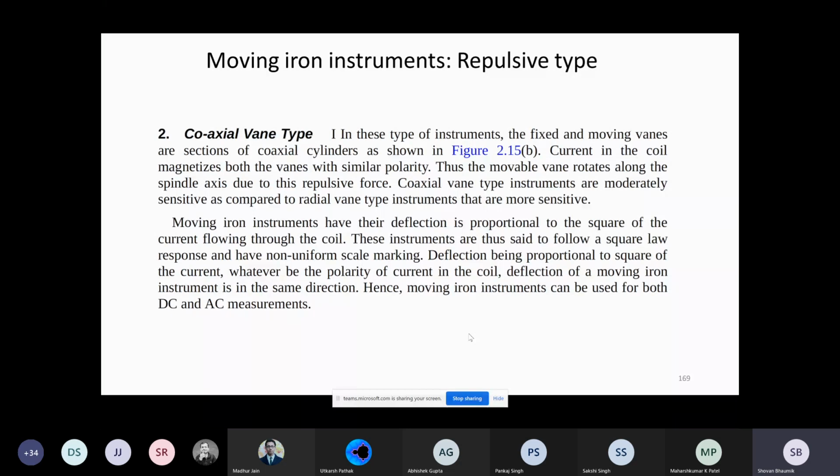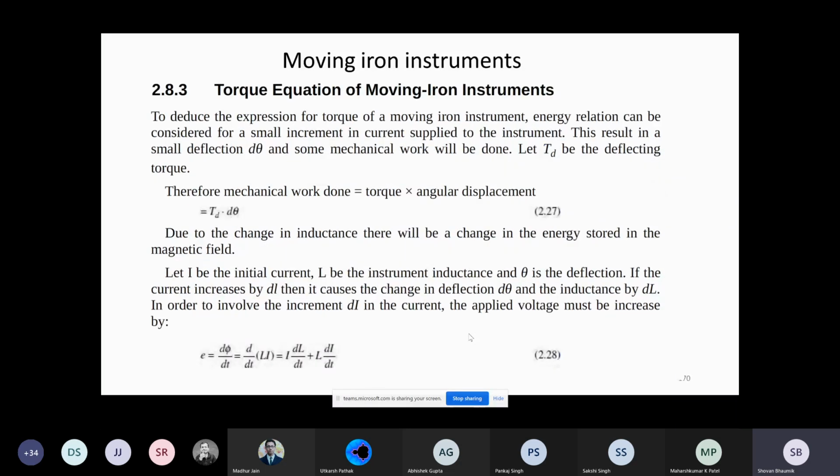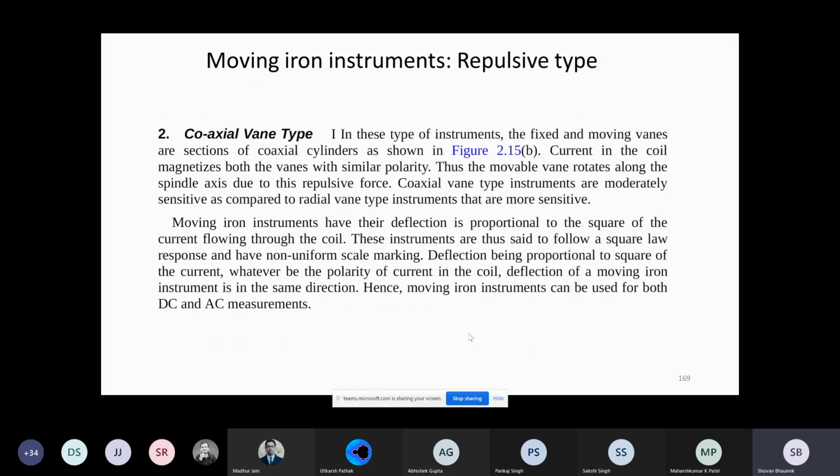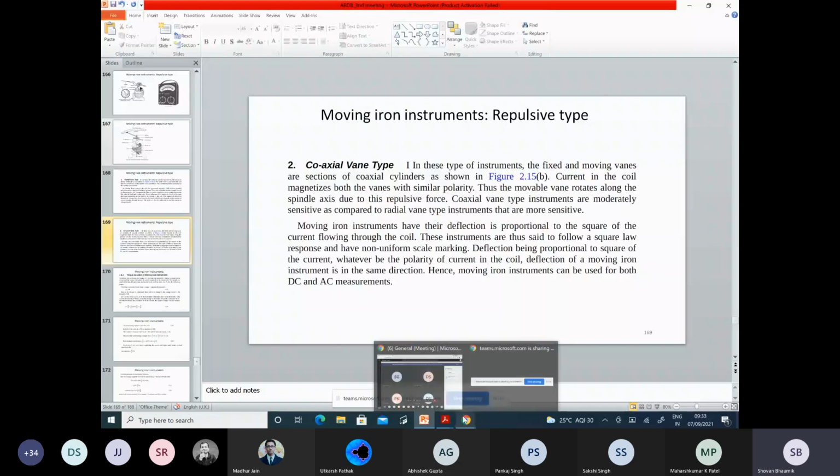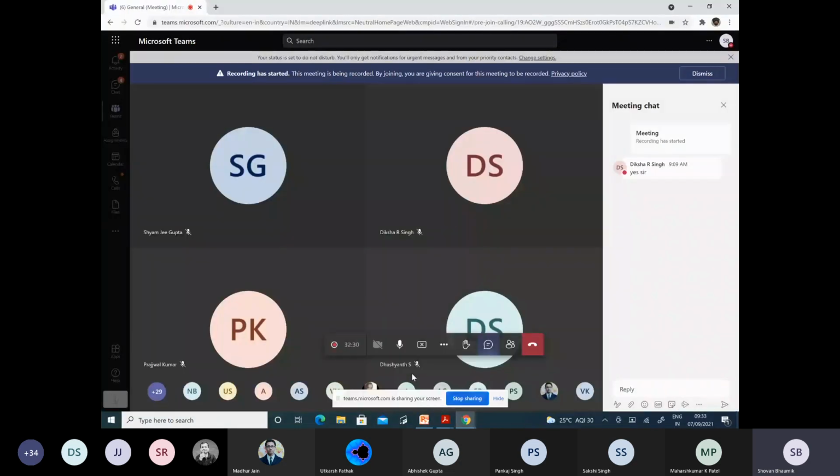But till now, let me ask you whether you have understood the construction. I tried to explain the construction in very much detail: what the different types of construction are and how they are constructed. Now you tell me whether you have understood the construction of the instrument, or you have some queries on it.